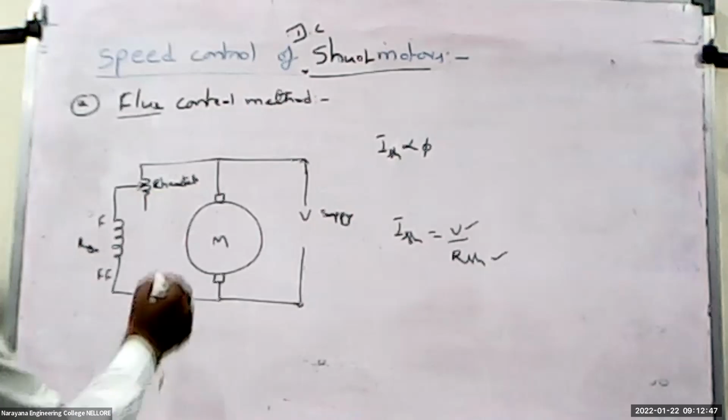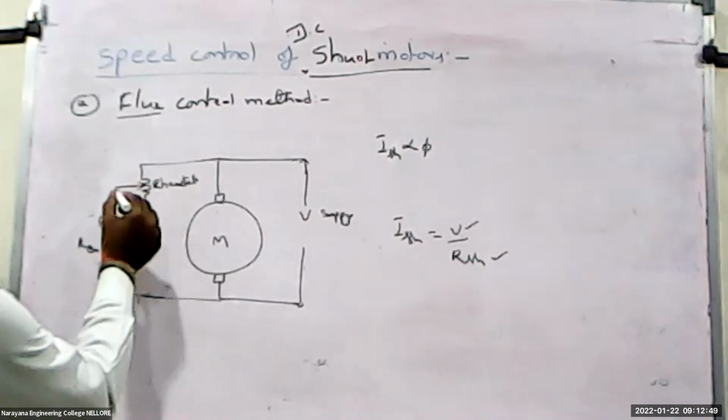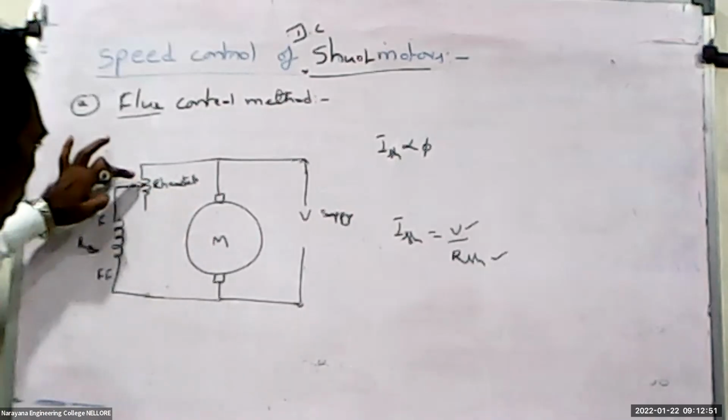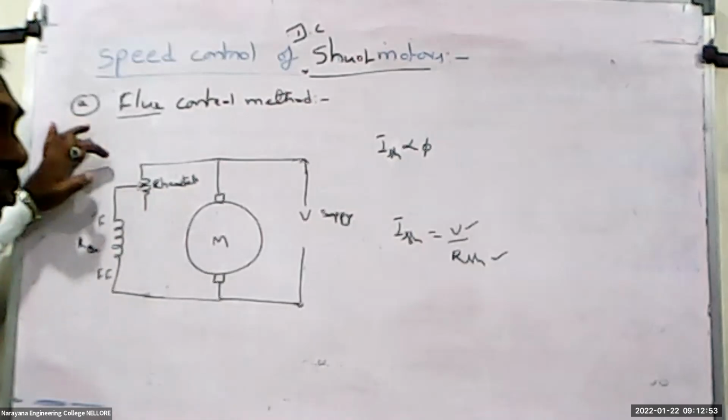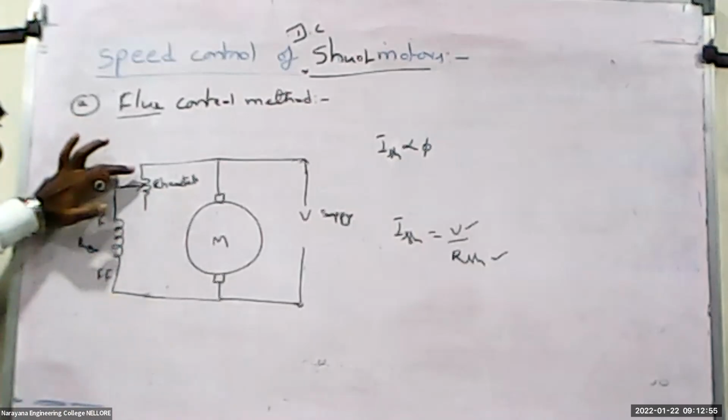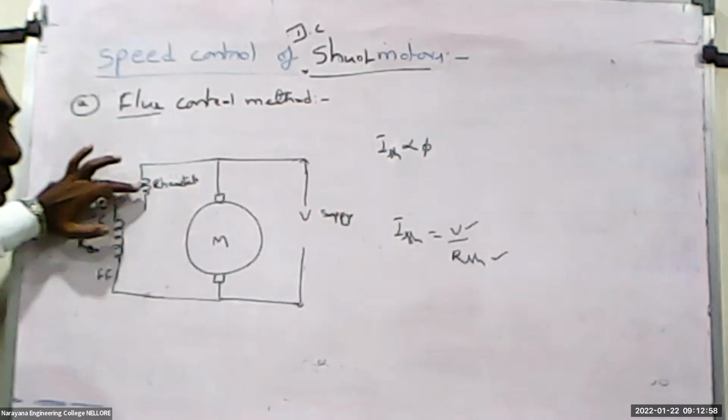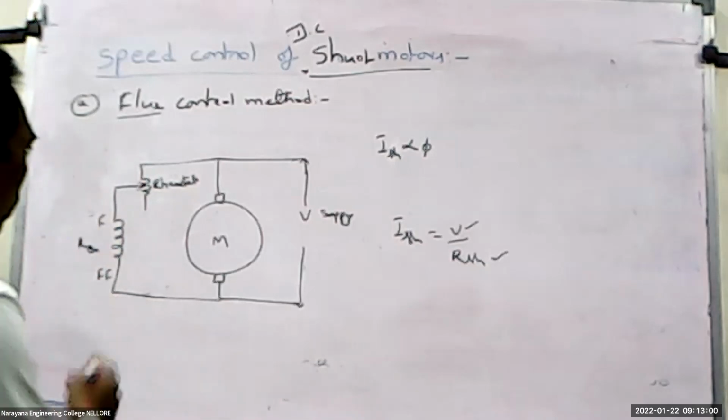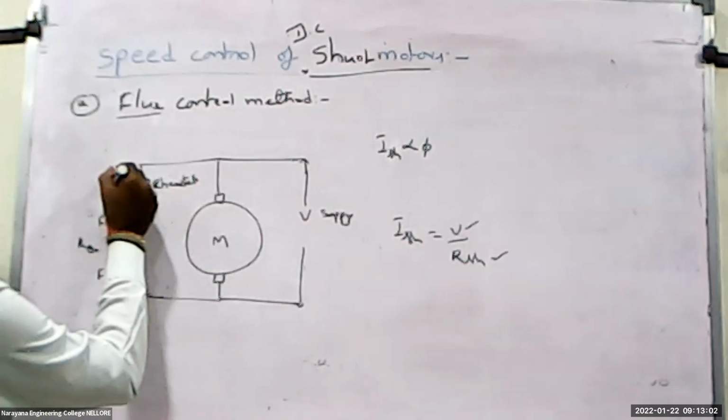Then the current passing through the field winding is variable by changing the rheostat position. We are well known about the machines lab, or it may be the DC lab. By changing the rheostat position, suppose I consider this is R.